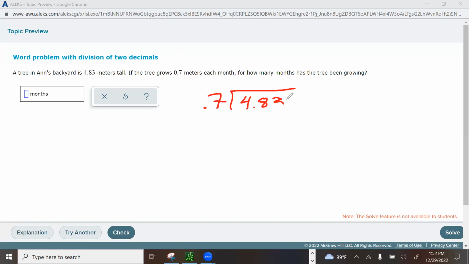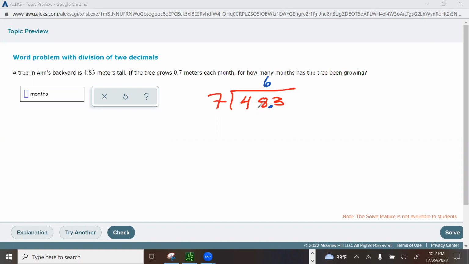Okay. Oh, I've got to move this decimal point over one decimal place. So that means I've got to do it to the other one too. So it's 7 into 48.3. Well, 7 into 49 goes 7 times, so this should be about 7.